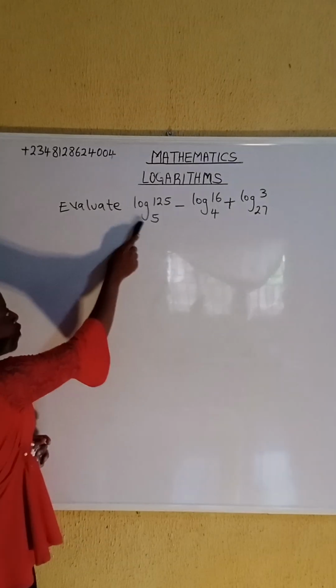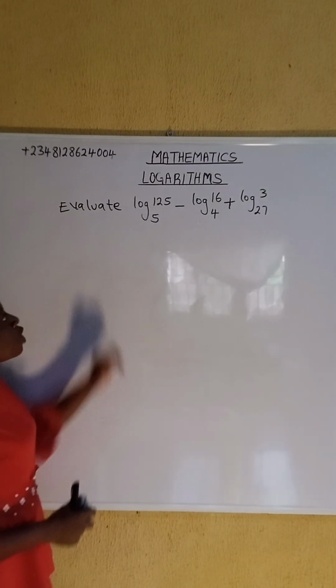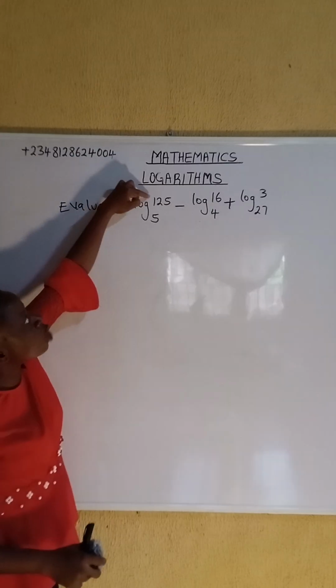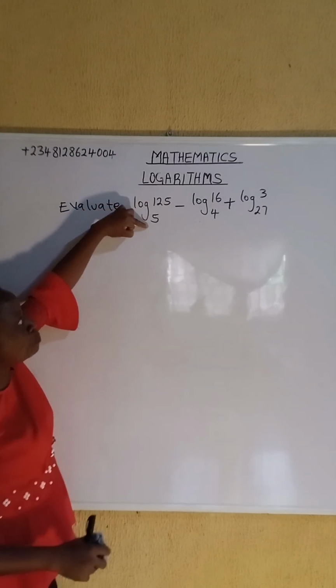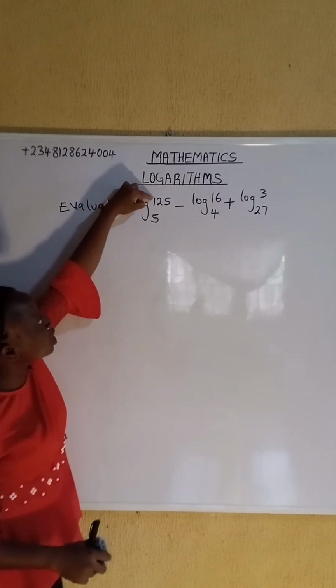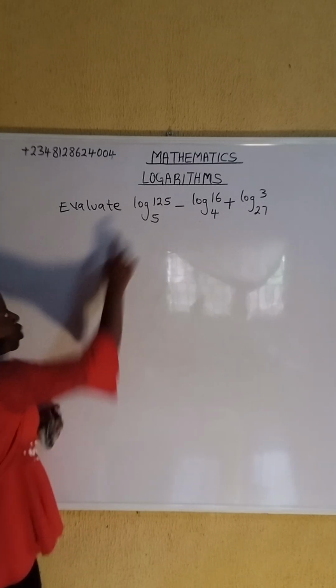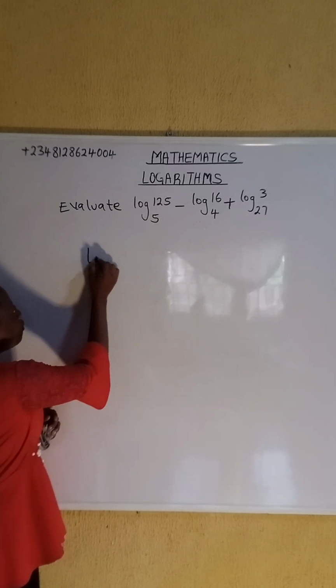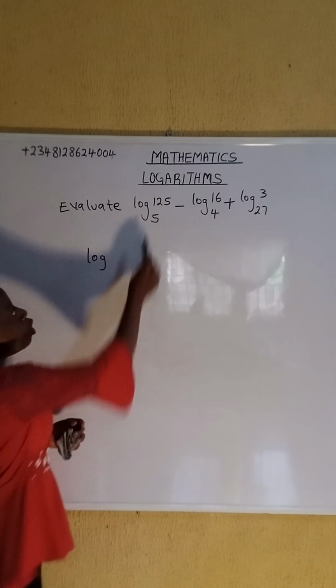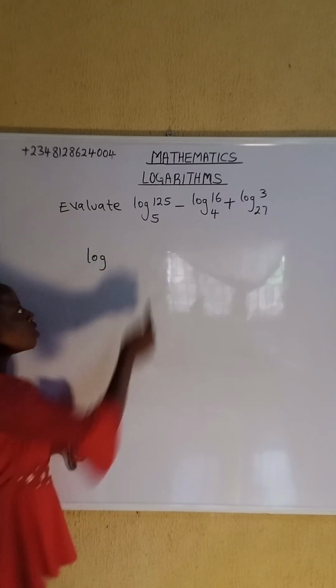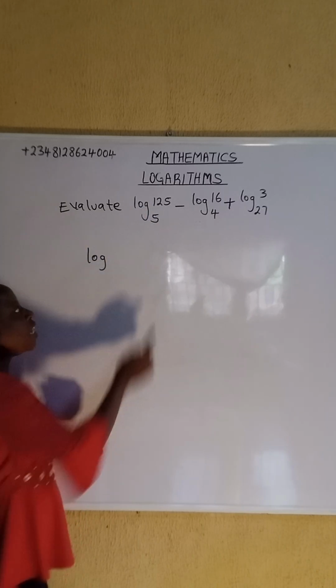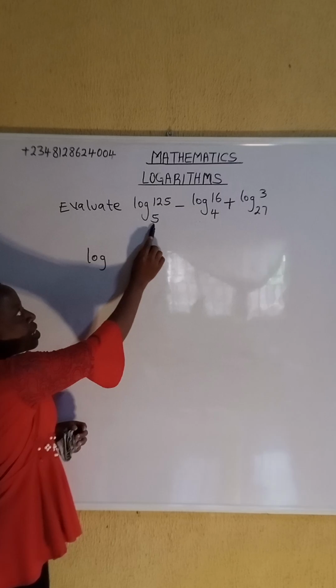So let's start with the first logarithm. You are going to look for a way to equalize the number and the base. We have log 125 base 5. Then the lowest number here is 5.